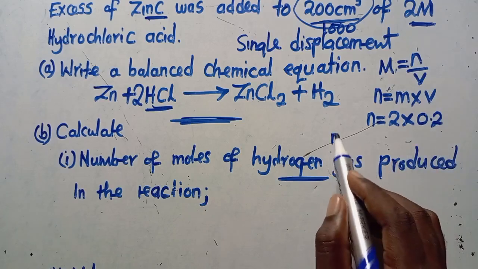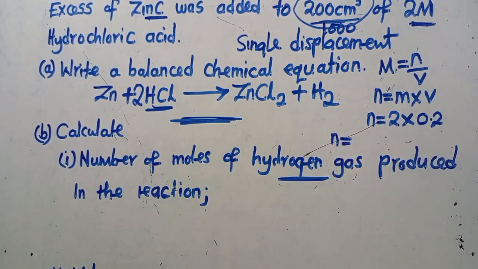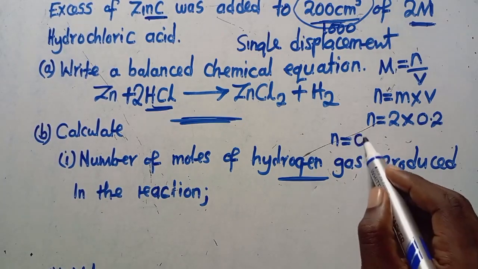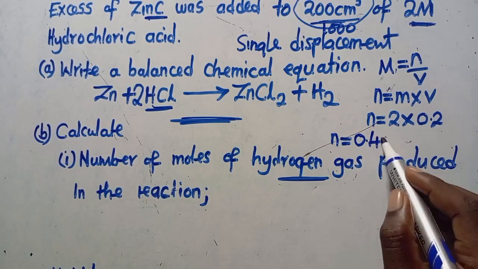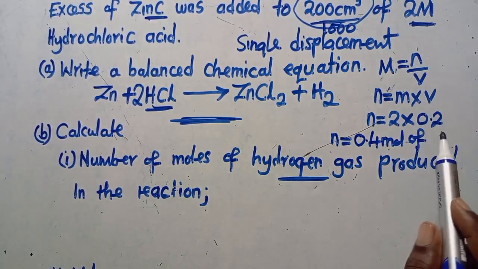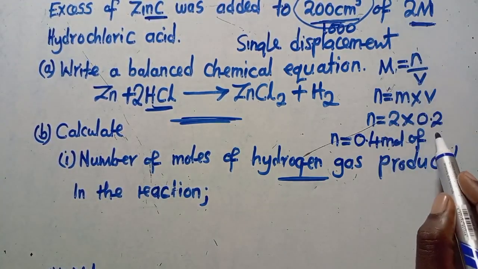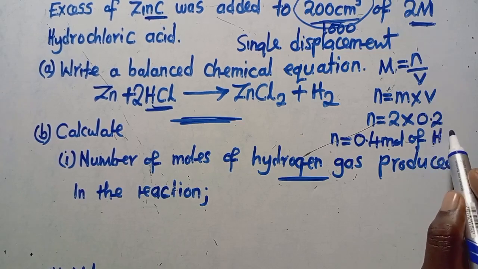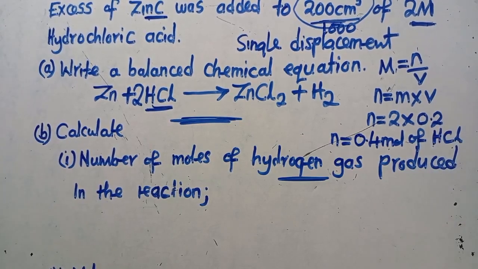So what is the answer there? Number of moles is equal to, you get your calculator. I want you to confirm with me all the answers that we are going to find together here. 2 times 0.2. What is the answer? The answer is 0.4. So 0.4 moles of what? Moles of hydrochloric acid.